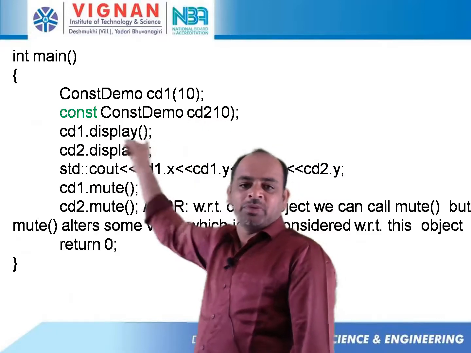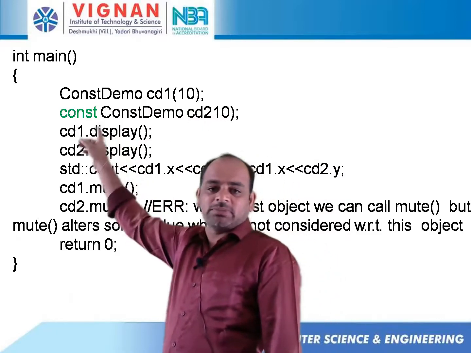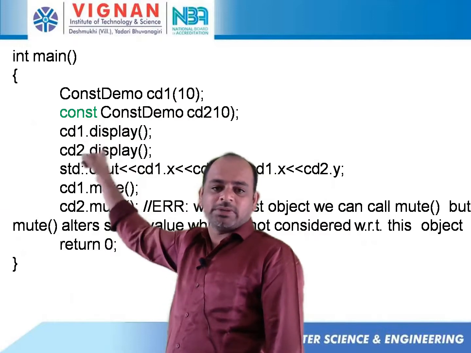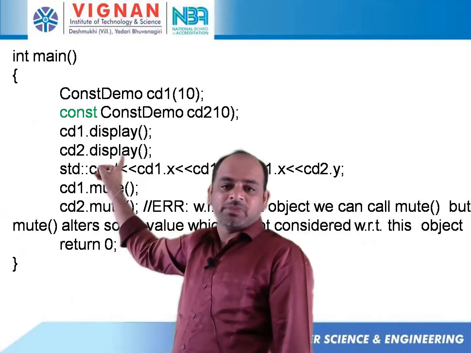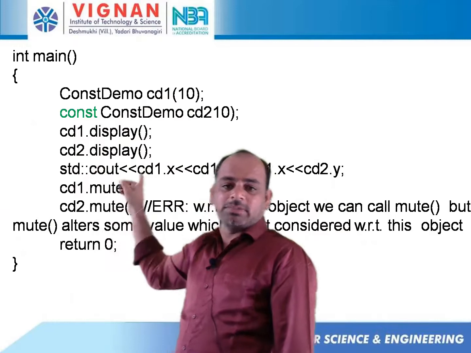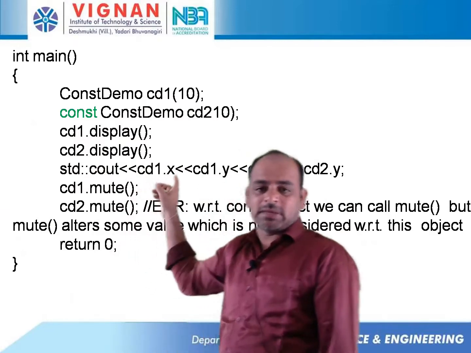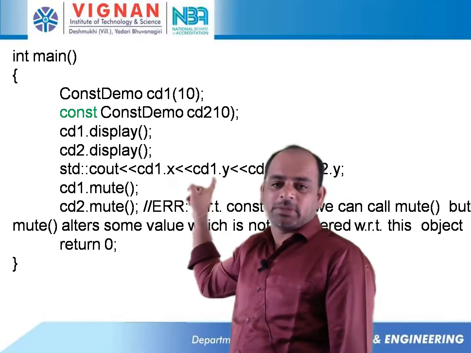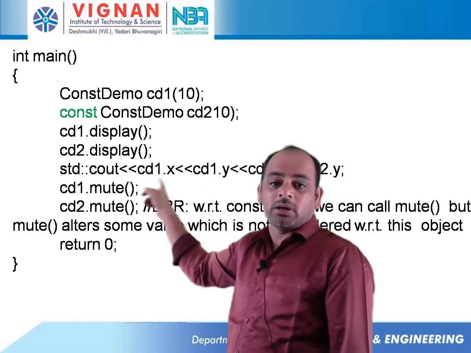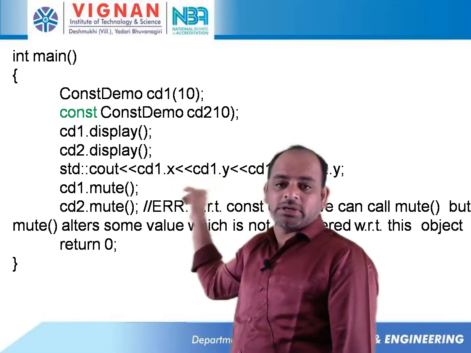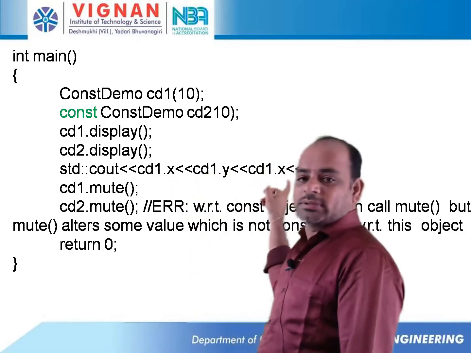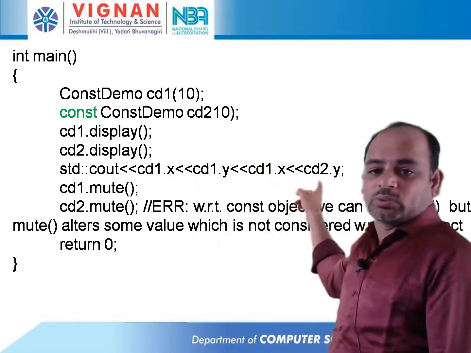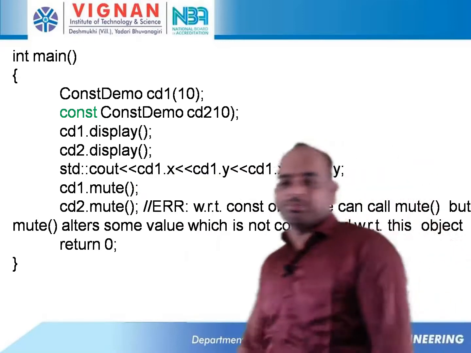Here we call the display function using the two objects, CD1.display and CD2.display, and we are simply accessing the members of the class, that is x and y. Because these are declared as public, we can directly access them, CD1.x and CD1.y, using the non-constant object.